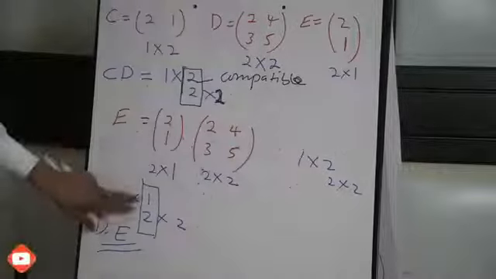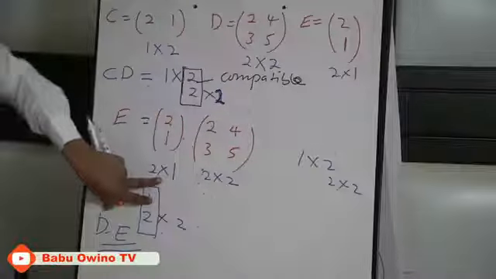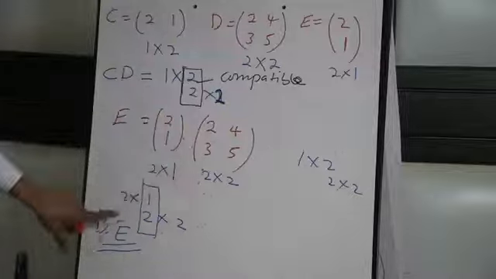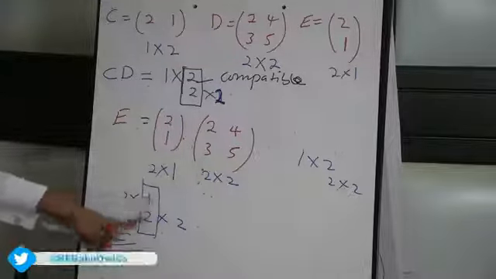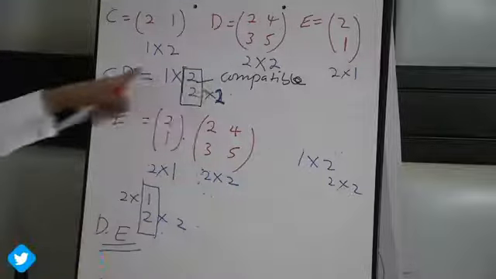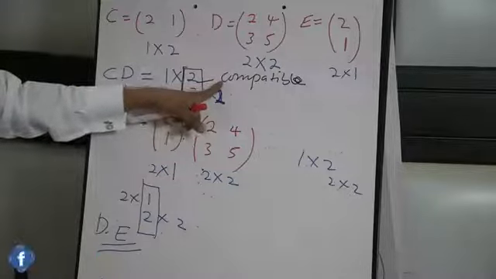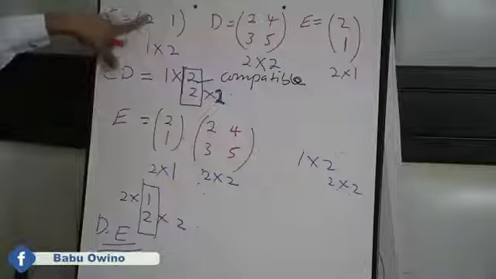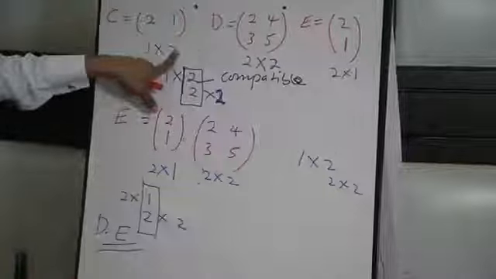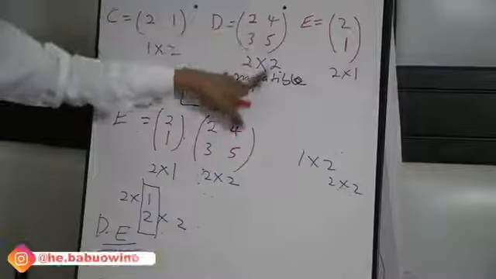When we come to this, I wanted to show you this example because in this example, it's easier to show that they are not compatible first. Then we compare it to our example that we gave here. So our first example, we have a 1 by 2 matrix and a 2 by 2 matrix.